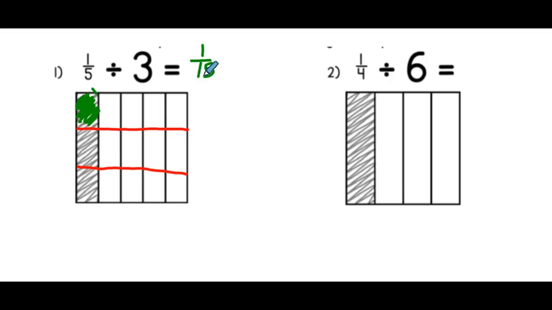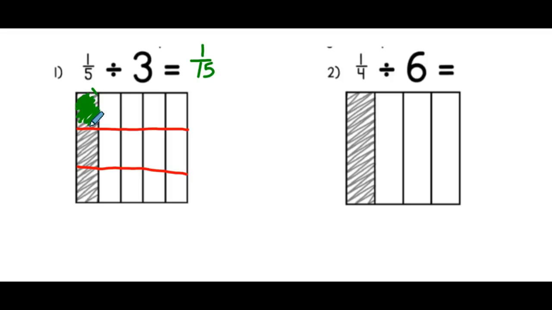Okay, so I took 1/5, divided it evenly into 3 pieces, which made 15 total pieces out of my fifths, and one of those is 1/15. Okay, cutting into thirds, one part of that is 1/15.